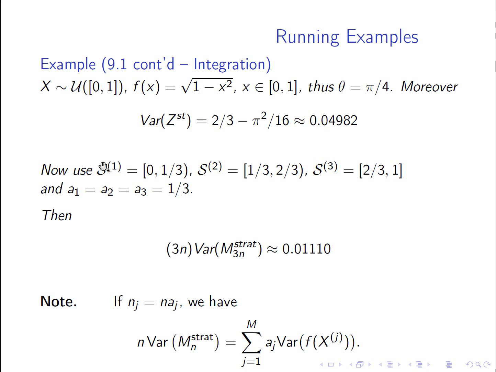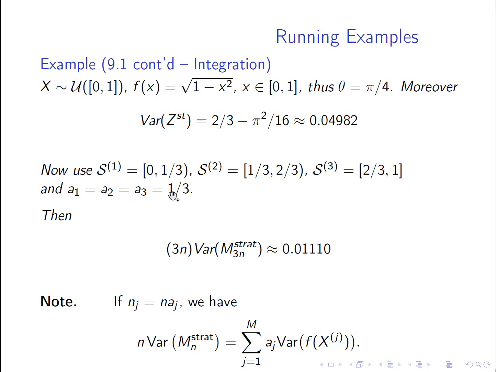And which strata to use now? Well, here we just cut everything into equal pieces. So S1 is from 0 to 1 over 3, S2 is from 1 over 3 to 2 over 3, and S3 is just the rest. And because we have the uniform distribution on 0, 1, the aj's are all 1 over 3.